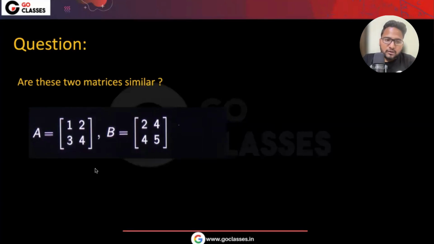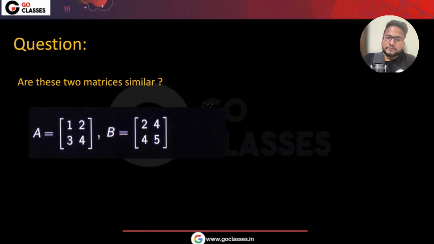Okay, some people are saying no, right? Can you tell me why? Because the trace must be the same, right? Trace is the summation of the eigenvalues. This is 5, this is 7. So the trace is different.